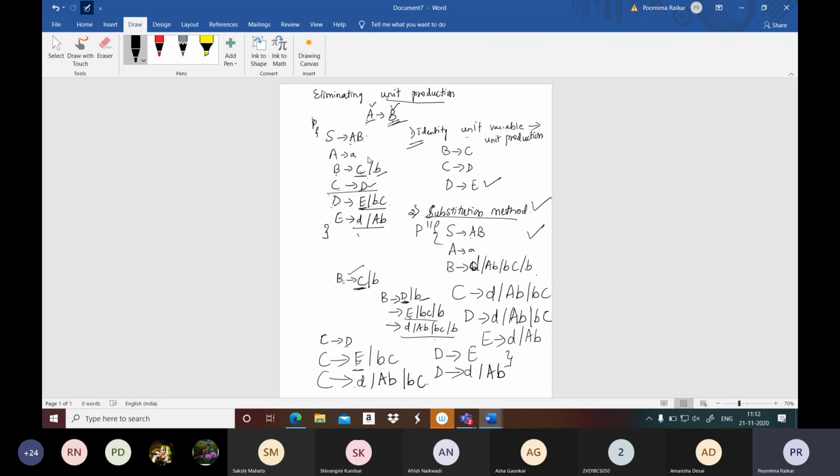Understanding? Sometimes they directly give you only unit production, you are eliminating. But sometimes, if you had epsilon, first you have to remove epsilon production, then go for unit production. Understanding? So this is how we eliminate unit production.